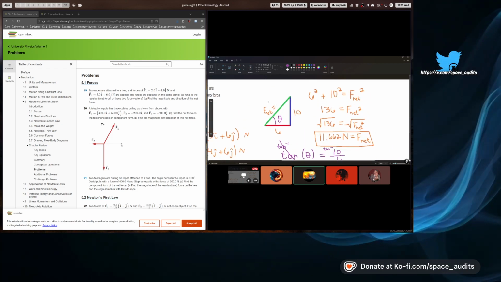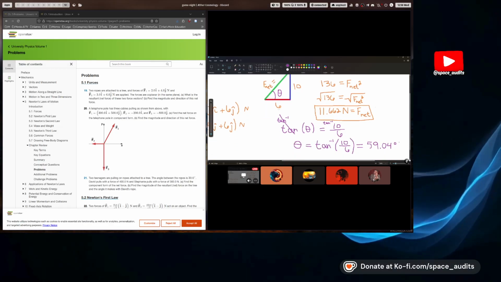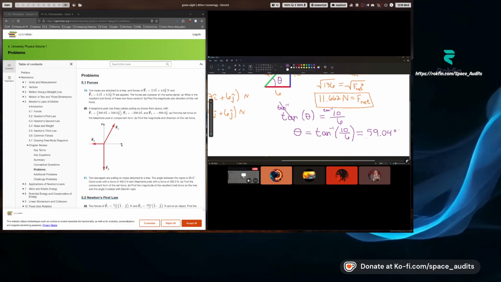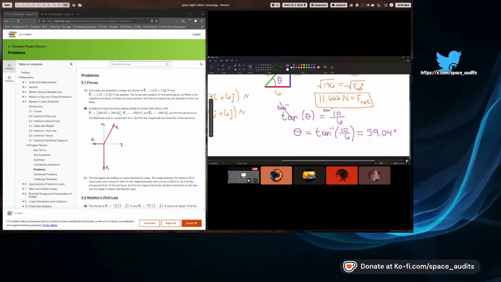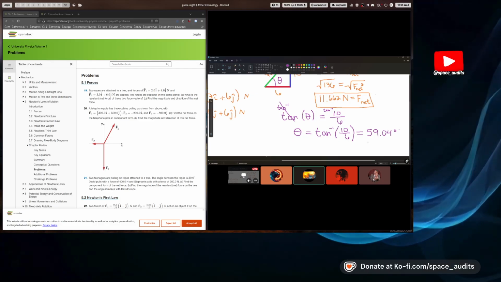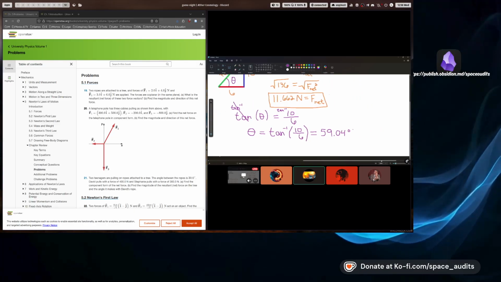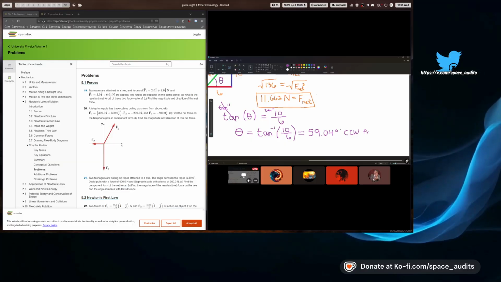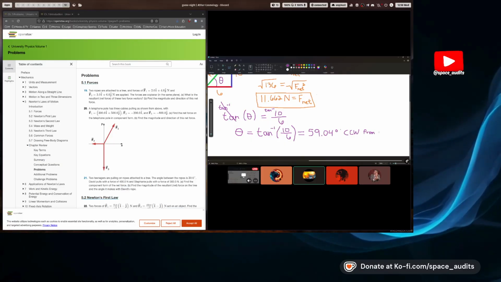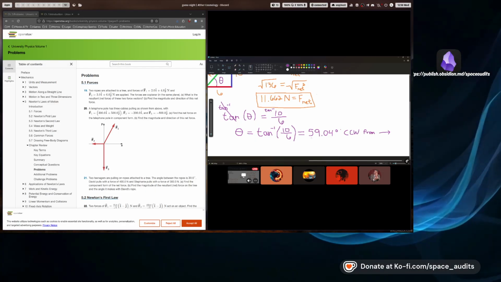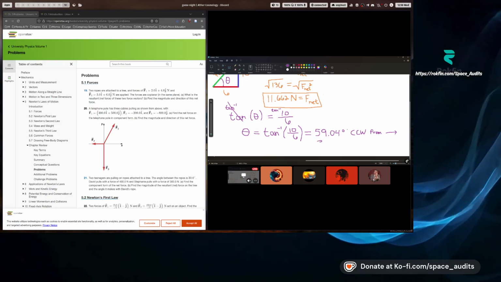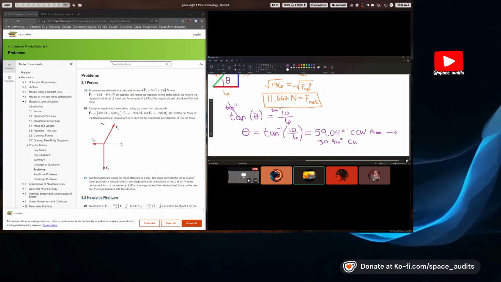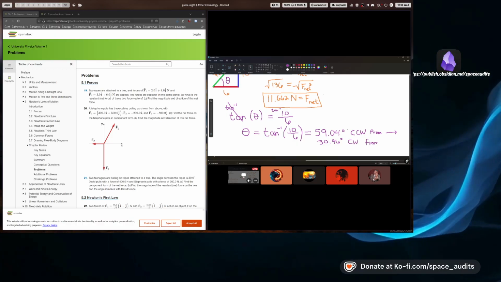So it would be 59.0 degrees counterclockwise from the horizontal, or 90 minus that, which is going to be like 30.96 degrees clockwise from the vertical.